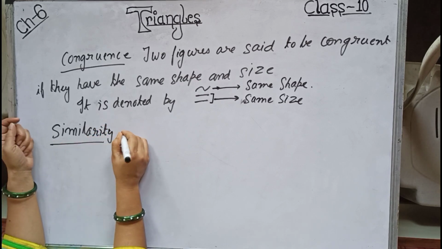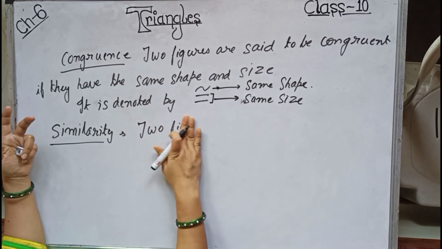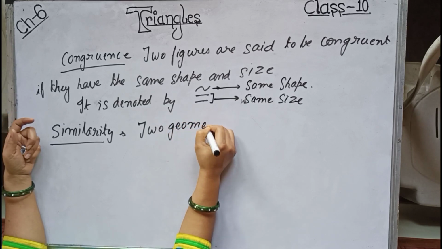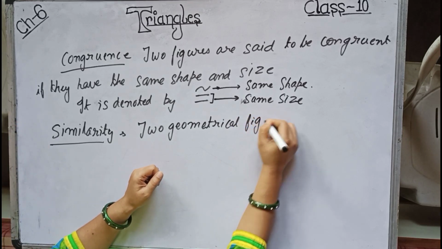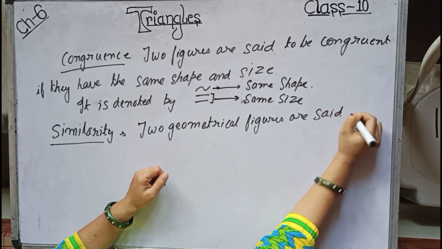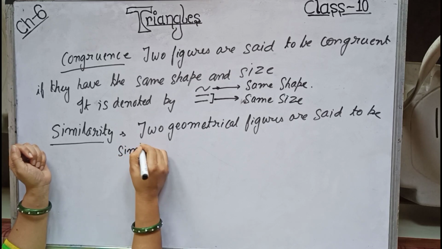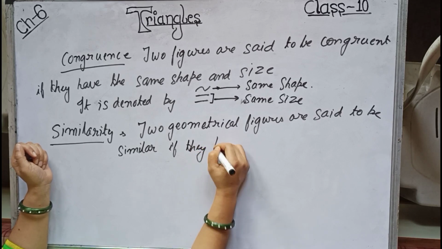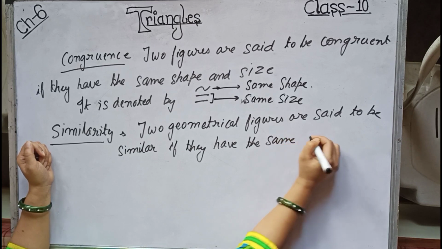Now let us come to similarity, the topic which we have to study. So two figures, two geometrical figures are said to be similar if they have the same shape.